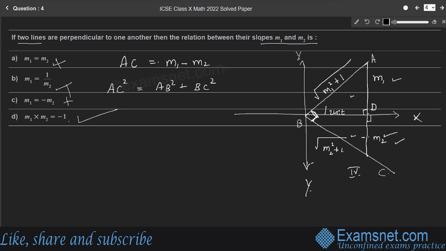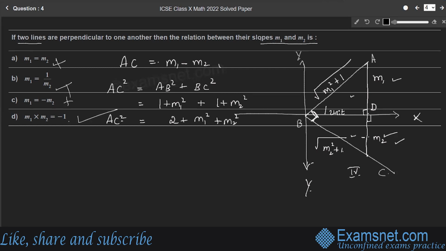So what is AB square? AB is root of M1 square plus 1. Therefore AB square is 1 plus M1 square, plus BC square is 1 plus M2 square. Therefore AC square is 2 plus M1 square plus M2 square.